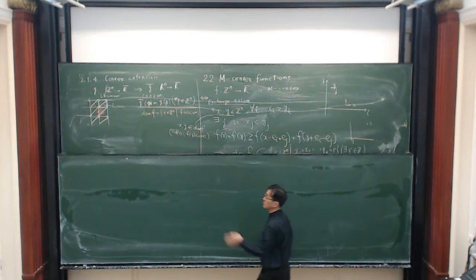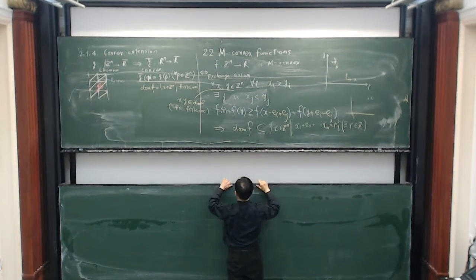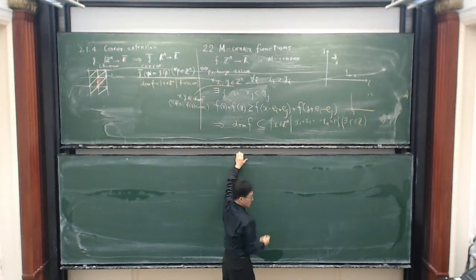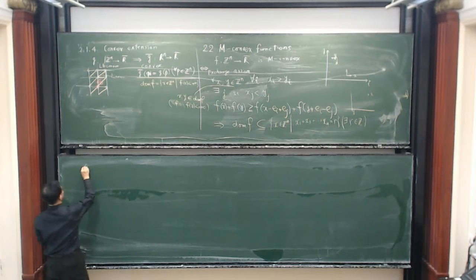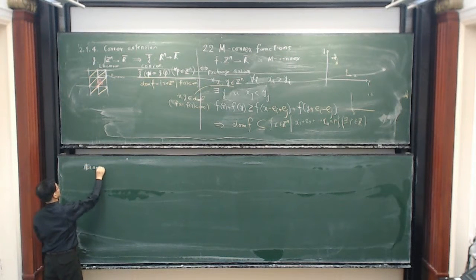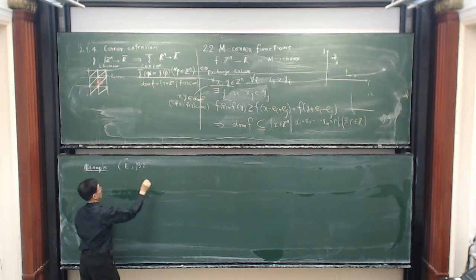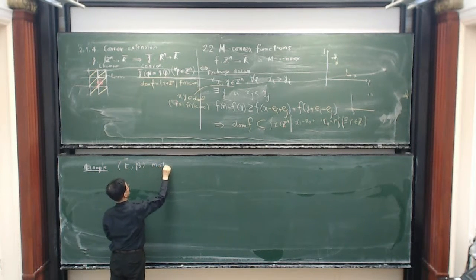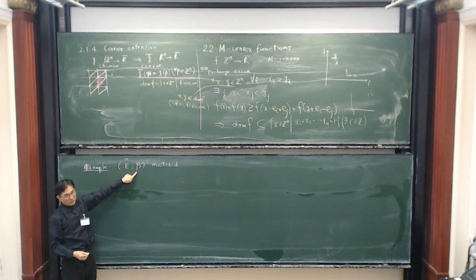Okay, so I will write. As an example, a matroid, say E and B. Let's say matroid, and B is the family of subsets.